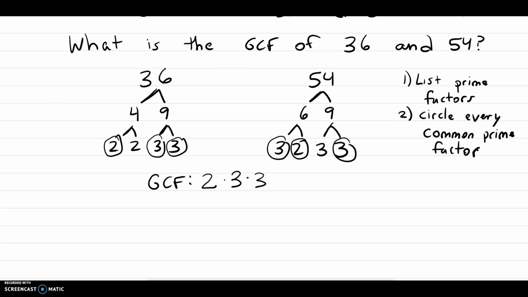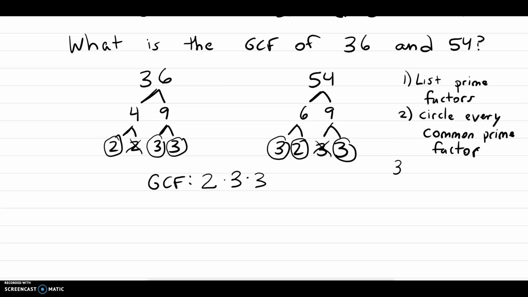So I listed the prime factors, and then I circled every common prime factor. So there was one 2 that they each had in common, and then there were two 3s that they each had in common. For GCF, we're not going to use the other numbers left over. So I'm just going to cross off this 2, and I'm going to cross off this 3. There were no common pairs that I could form between that 2 and 3.